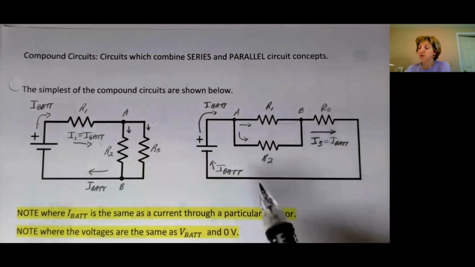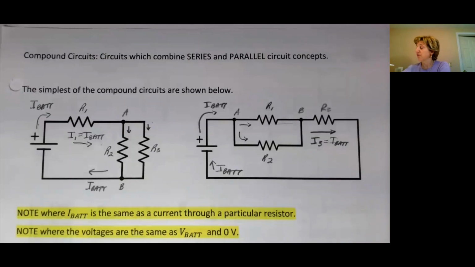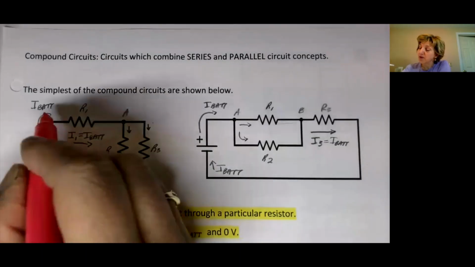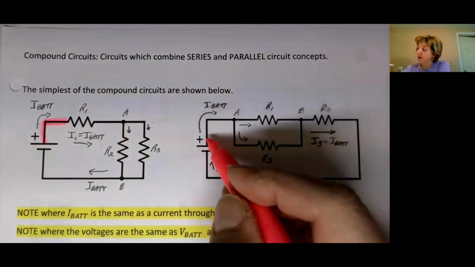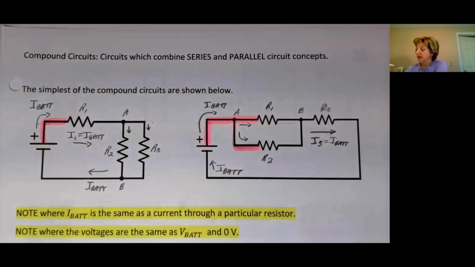We should try to notice where the voltages are the same as the V battery and 0 volts. Well, let's start off with marking our high potentials and marking low potential.